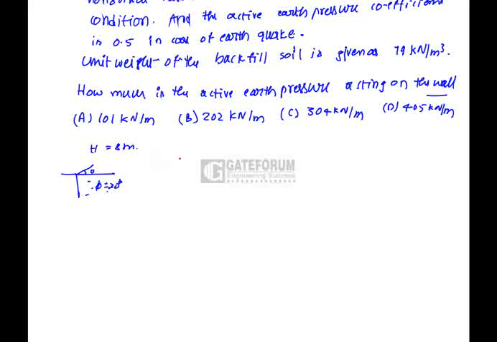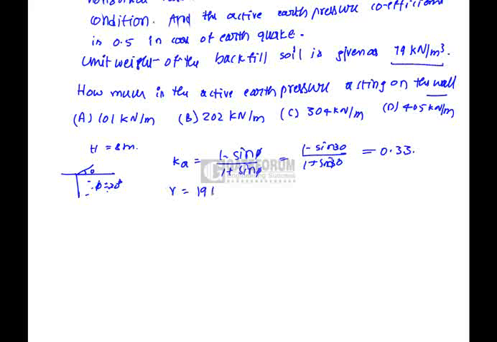So we can calculate Ka, the active earth pressure coefficient, equal to (1 minus sine phi) by (1 plus sine phi), which is equal to (1 minus sine 30) by (1 plus sine 30), equal to 0.33. The unit weight of the backfill soil is given as 19 kilonewton per cubic meter.